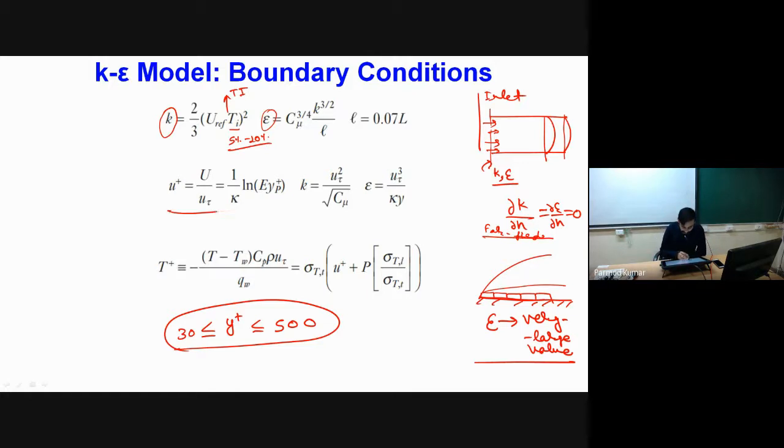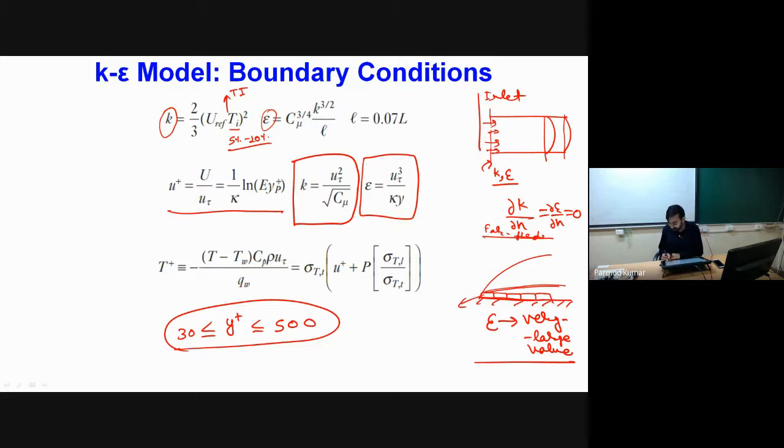Using this logarithmic law, we can relate the value of turbulent kinetic energy K and its rate of dissipation epsilon by taking the knowledge from the theoretical law of wall, which is the logarithmic law over here. Within this range, where we are having y plus value less than 500, we don't solve the integration of turbulent kinetic energy and its dissipation equation.